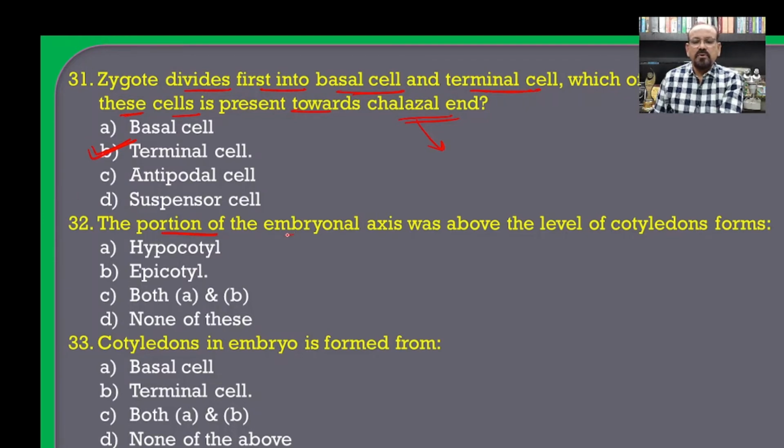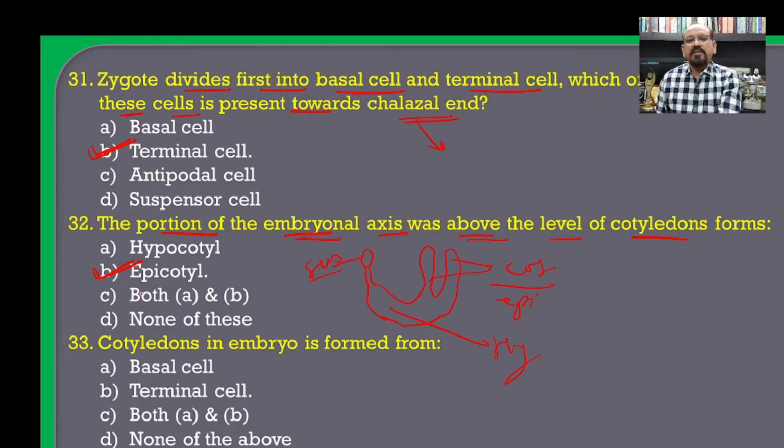The portion of the embryonal axis above the level of cotyledons is known as the epicotyl. If you see the structure of the embryo, you will find such a structure. So there are the cotyledons, that is the epicotyl, then hypocotyl, and this is the suspensor.